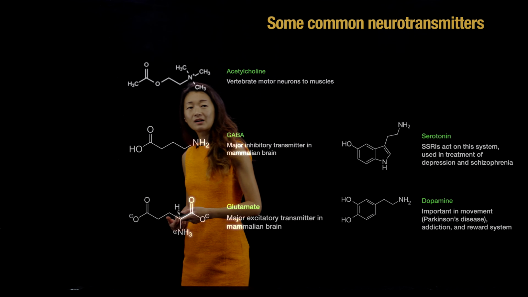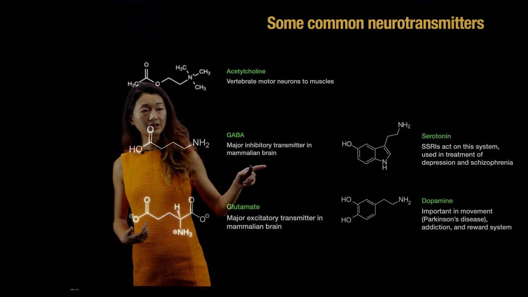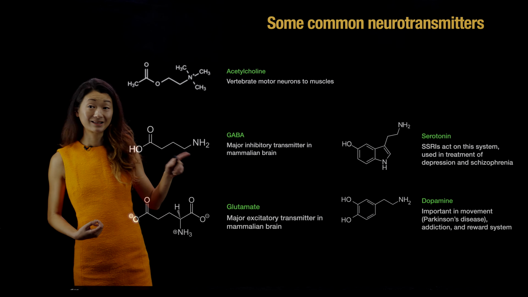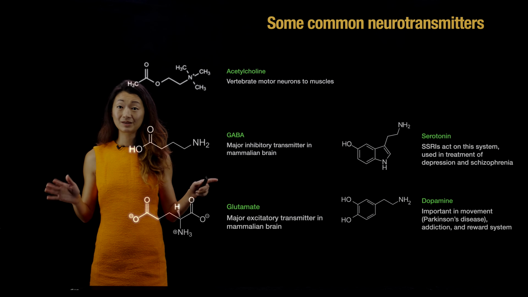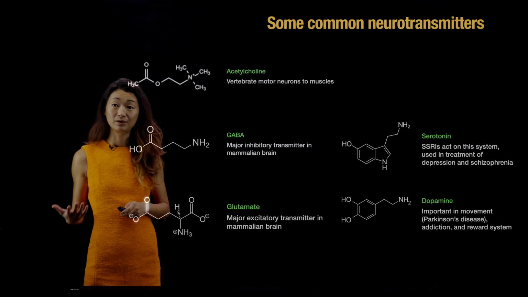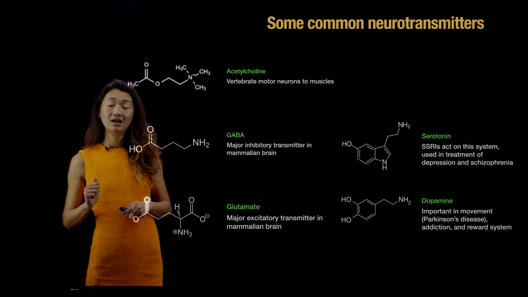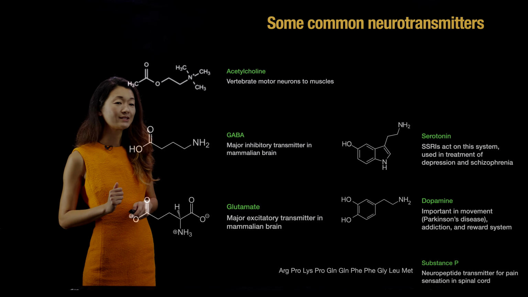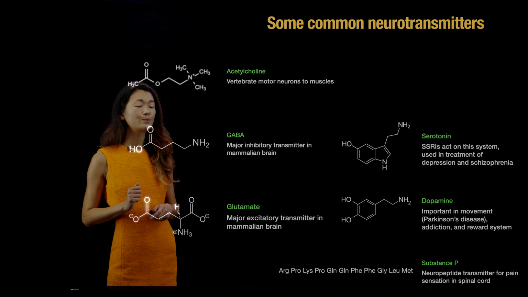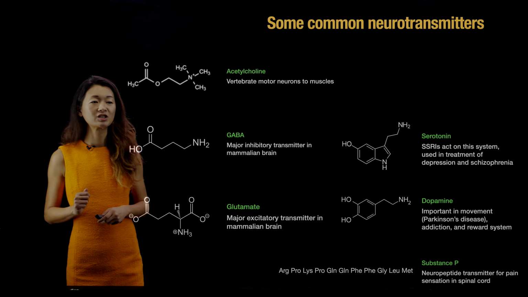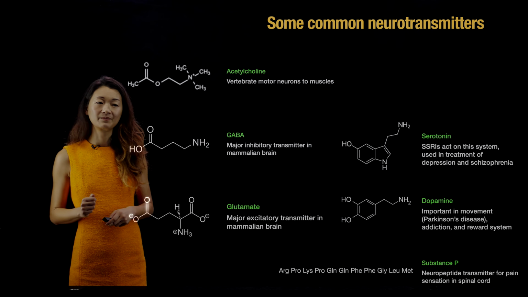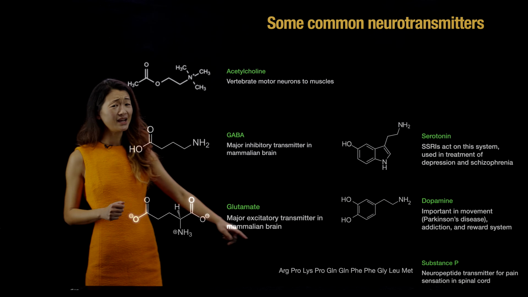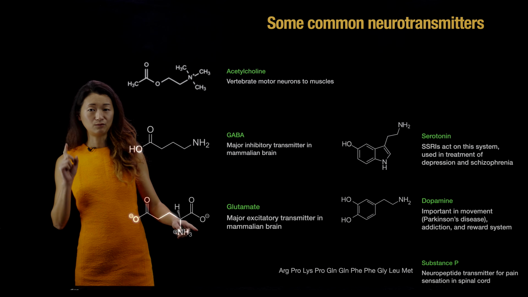So these are small molecules that are common neurotransmitters, but that's not all, because you can have other molecules that act as neurotransmitters as well at chemical synapses, very much like the one we just saw in that cartoon earlier. For example, we have this thing called substance P, which is used as a neurotransmitter of pain in the spinal cord. Now, substance P, as you'll see here, is not the size of one amino acid.